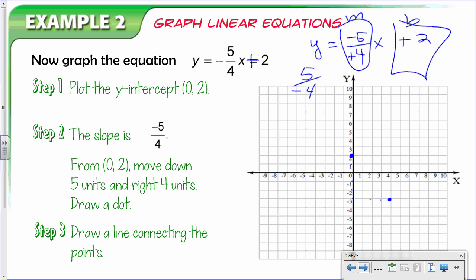Okay, I can count the other way, go 1, 2, 3, 4, 5 up, and go that way. You guys see what I'm doing there? There's my line. See it?